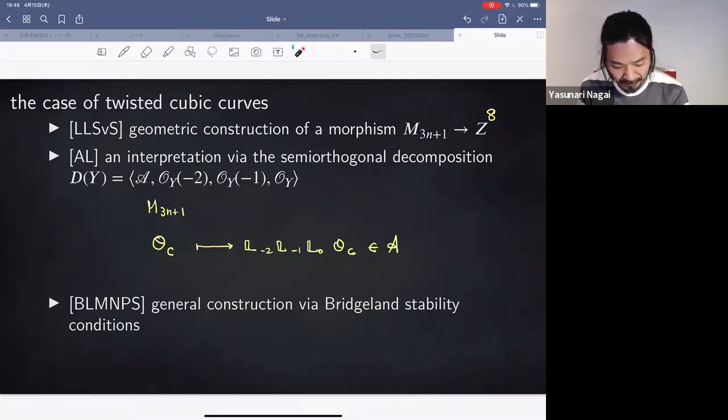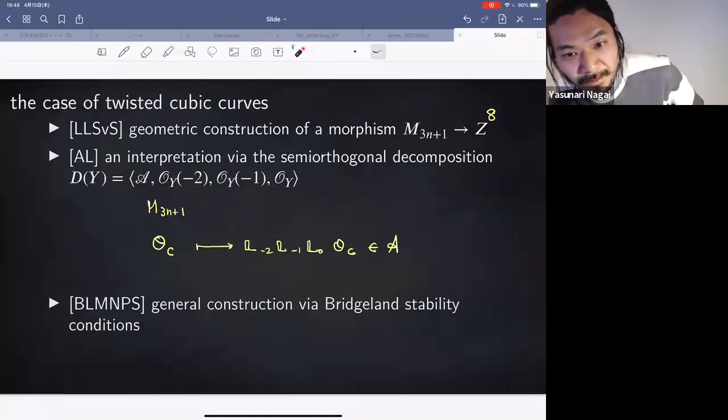However, in some sense, their approach deviates from the geometry of the cubic fourfold, because they pass everything to a conic bundle structure.